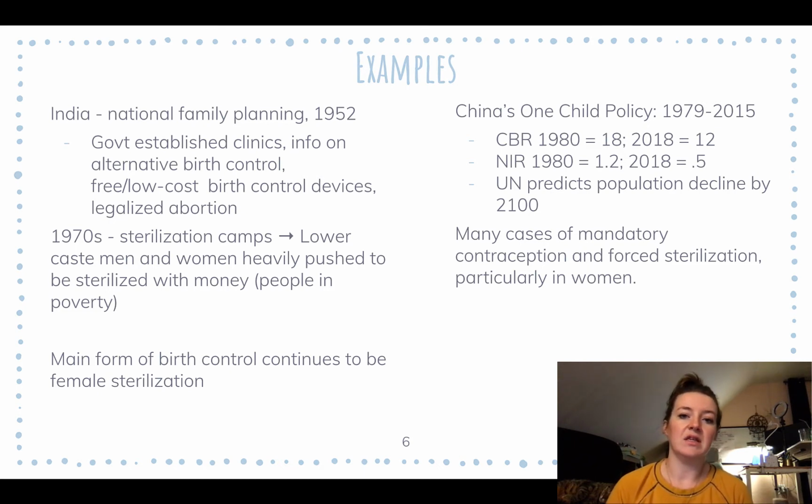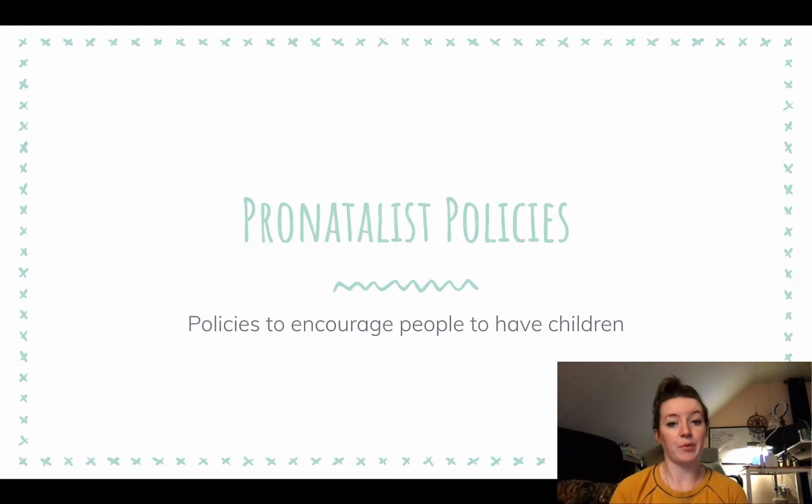This meant that the NIR, the natural increase rate, went from 1.2 in 1980 to 0.5 in 2018. And the UN predicts that the population will actually decline by 2100. In many cases, what we see is mandatory contraception and forced sterilization through this policy, particularly when we're talking about women.